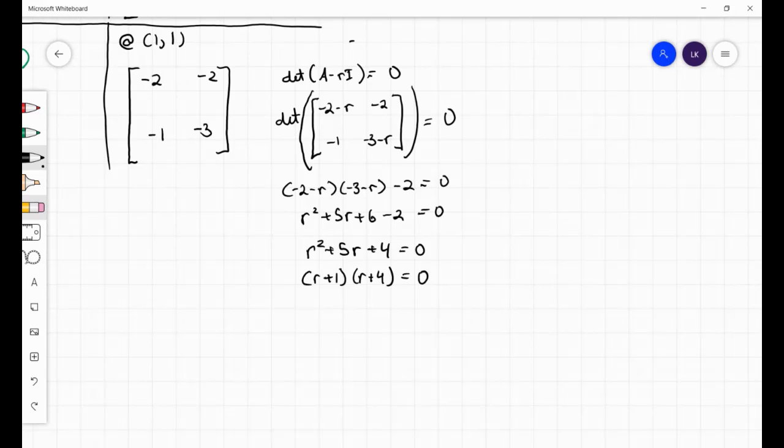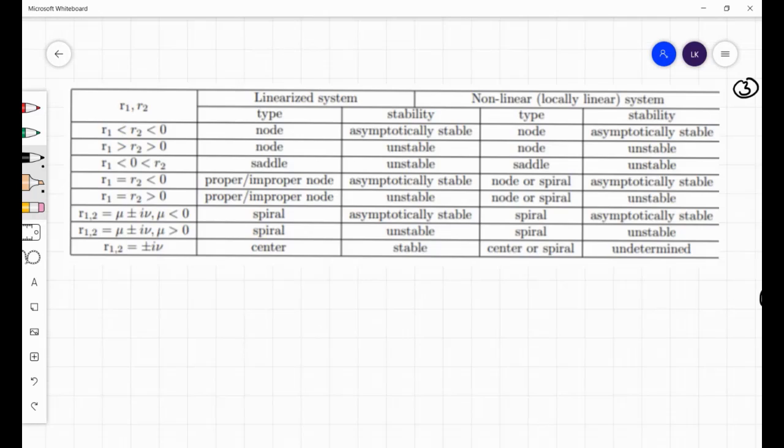Computing the determinant of our matrix minus r times identity, we get a polynomial that factors nicely. We set that equal to 0, and we find that the two roots are real and negative. So this means that we have an asymptotically stable node. Checking our chart once again, we see that two negative real roots indicates a node that's asymptotically stable.